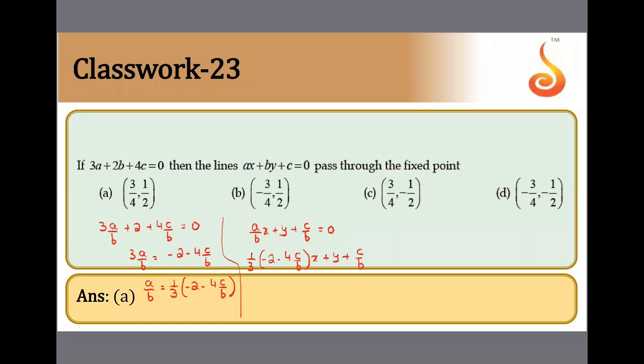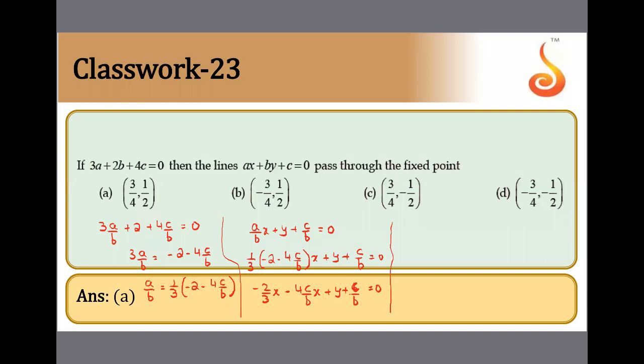Next step, minus 2 by 3 x minus 4c by b x plus y plus c by b. Sorry, c by b equal to 0, of course, equal to 0.